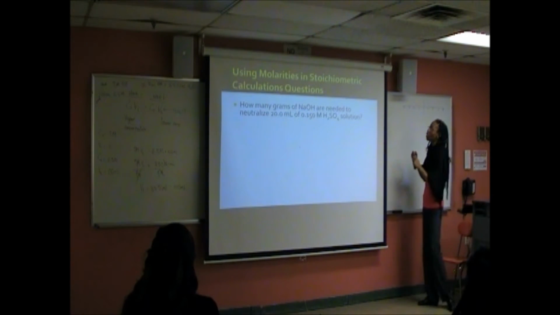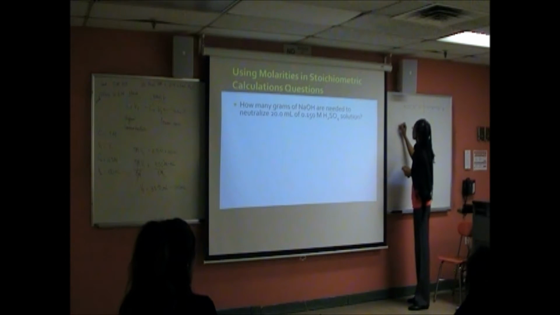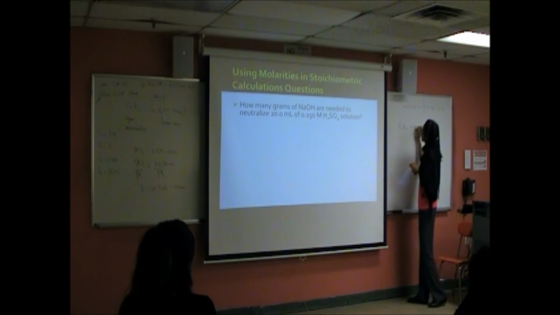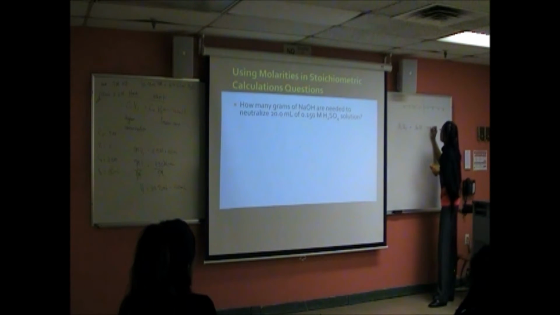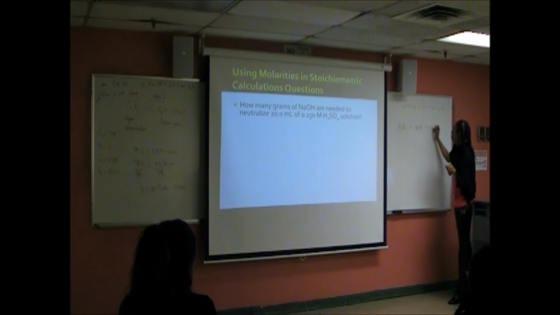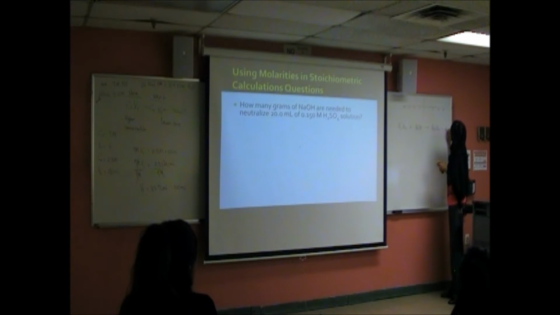What is my chemical equation here? H2SO4 plus sodium hydroxide produces salt and water. What's my salt? Sodium sulfate. What's the formula? Na2SO4 plus H2O.